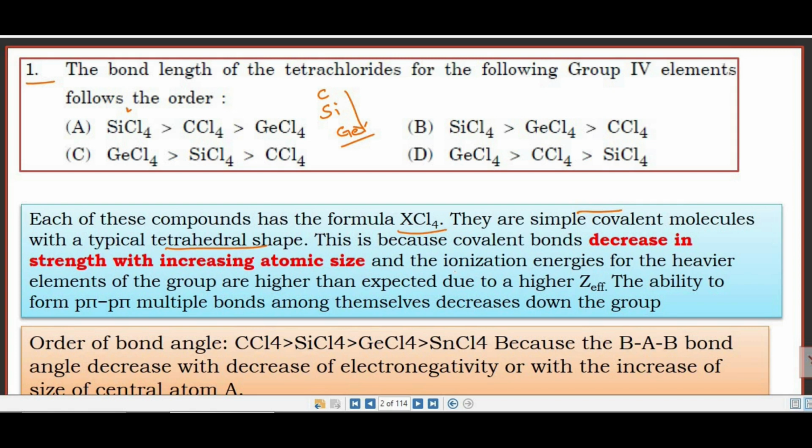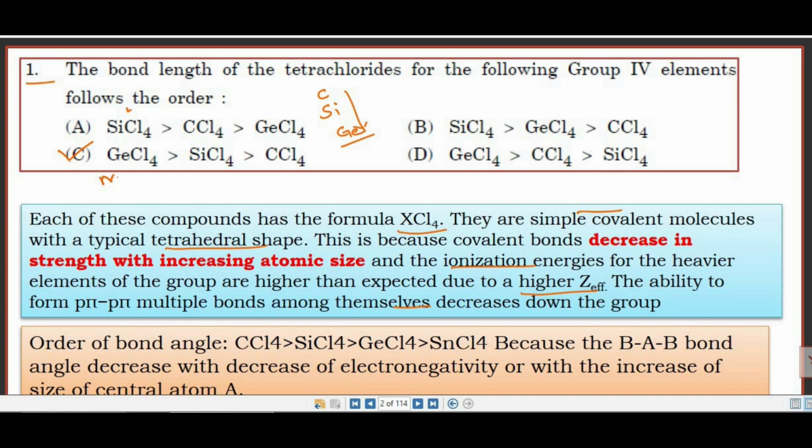Hence, the ionization energy of the heavier element also increases because of higher effective nuclear charge. The ability to form pi-pi multiple bonds among themselves decreases down the group. This you have to remember. So on increasing atomic size, covalent character increases. Hence, option C is correct.